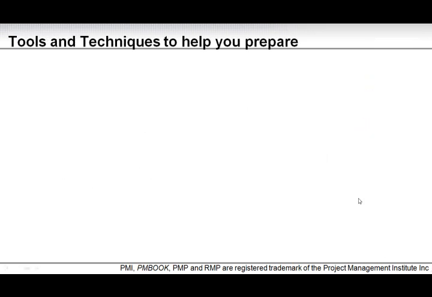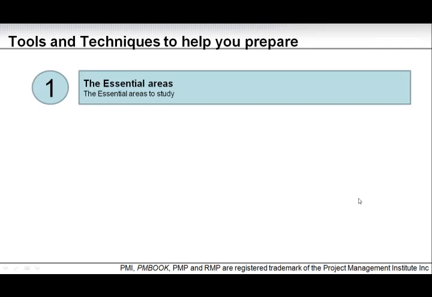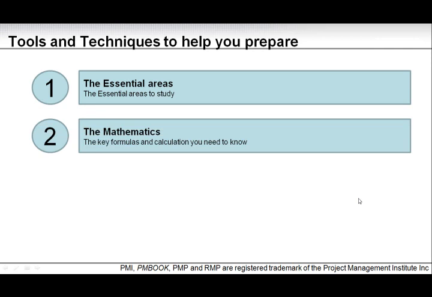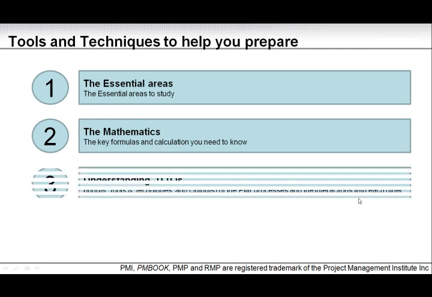So let's first look at the tools and techniques that we will propose to help you prepare for your exam. So we have three areas. One, we will go through the essential areas which you should focus on when you are studying and preparing. Then we will have a look at the mathematics. What are the key formulas and calculations that you need to know, that you should expect you will have questions in.